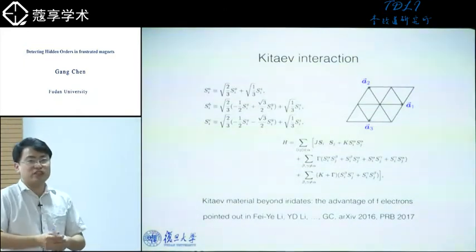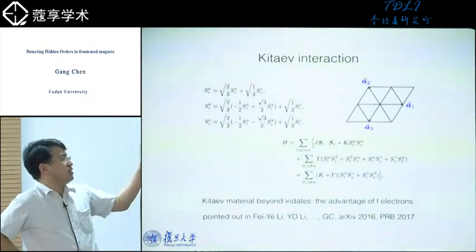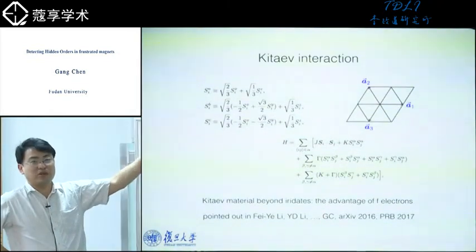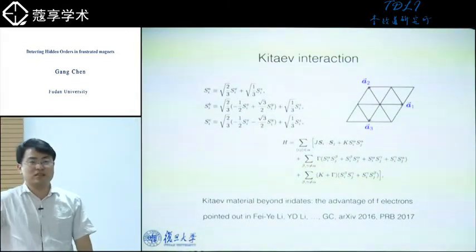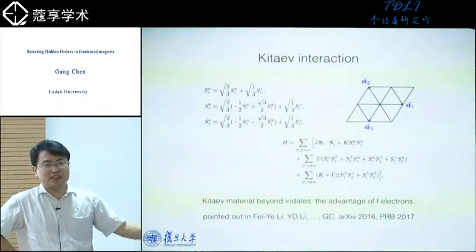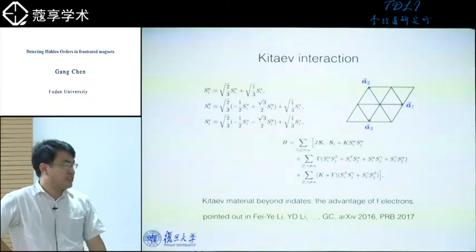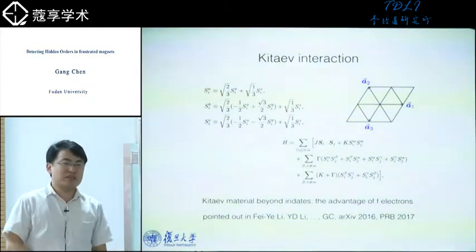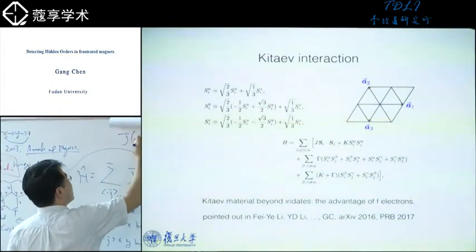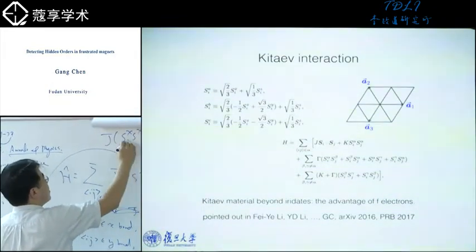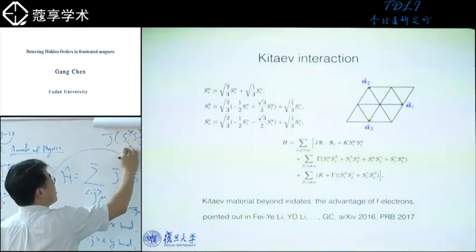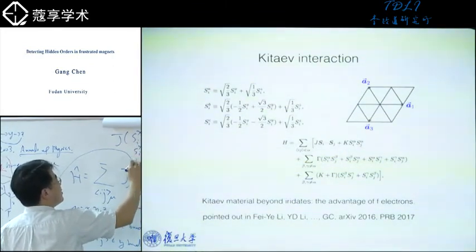And if you define your spin in this coordinate basis, you are permuting Sx, Sy, Sz, right? So in order to have a Hamiltonian that is invariant under this symmetry operation, you necessarily have a K-type term in the Hamiltonian, with terms like this: along the x bond, Sx Sx, along the y bond, Sy Sy, along the z bond, Sz Sz.